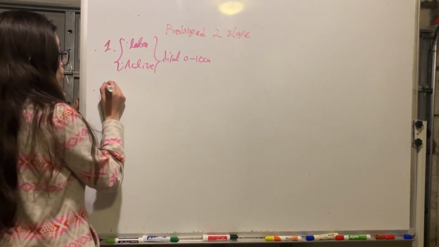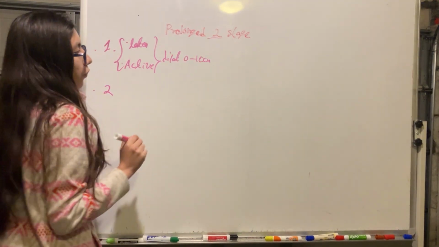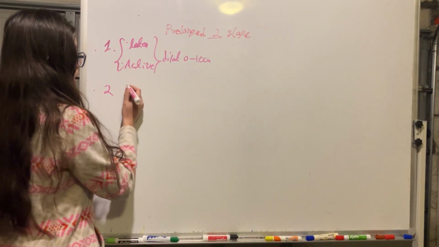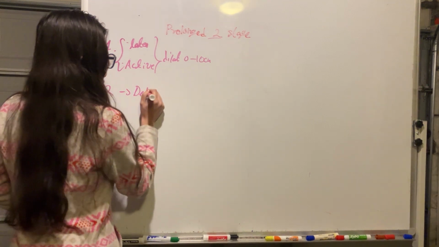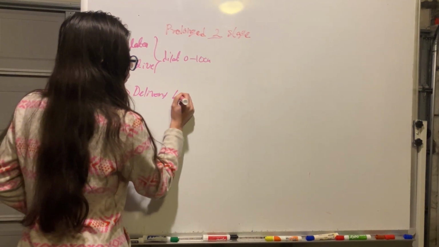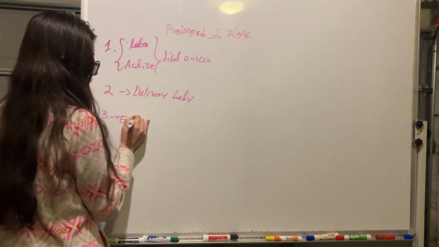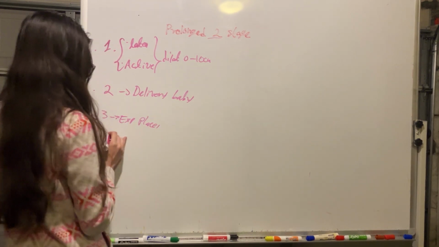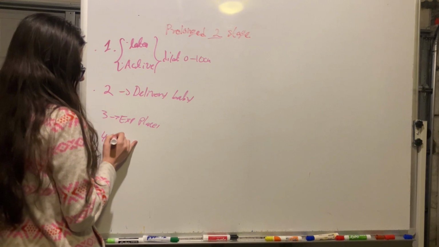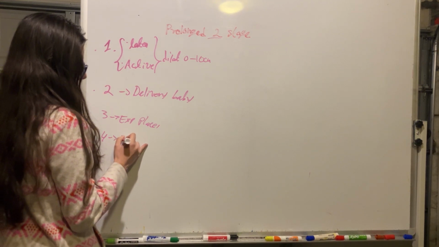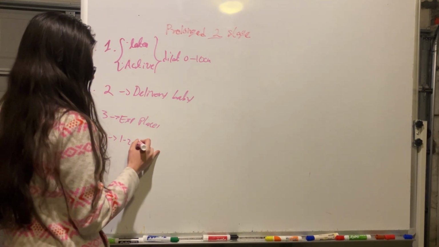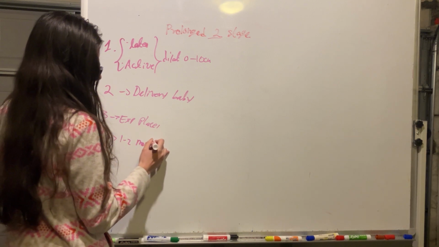Then we have stage 2 of labor, which is the delivery of the baby. We have stage 3 of labor, which is the expulsion of the placenta. And we have stage 4, which is not an early stage, but it is a 1 to 2 hour period in which we are monitoring the mother.